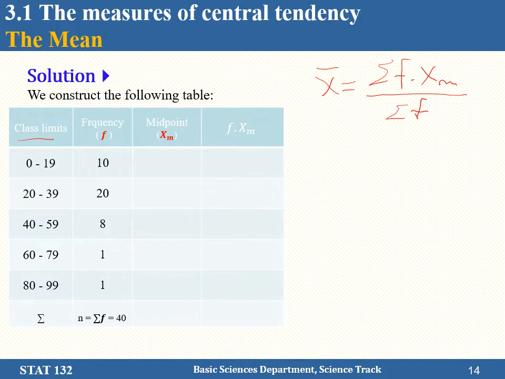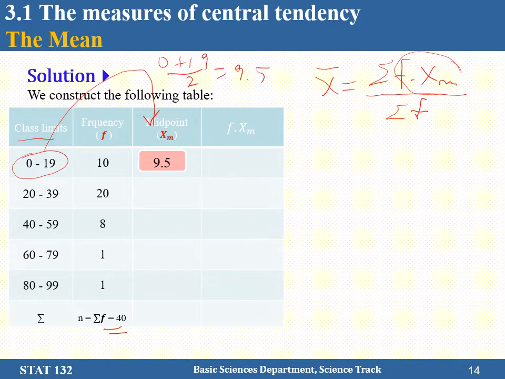The number of frequencies is 40, so we need to find these products. For this reason, we have to write the midpoint. So how can you find the midpoint of this class? 0 plus 19 over 2, which is 9.5. We can do the rest the same way.